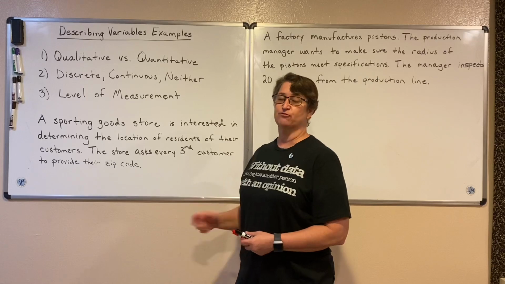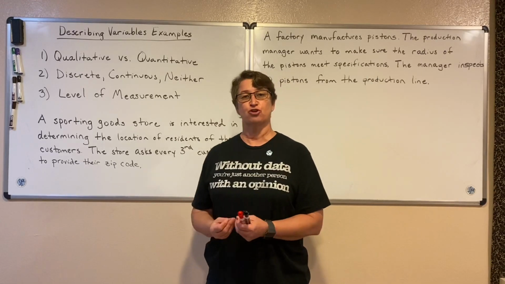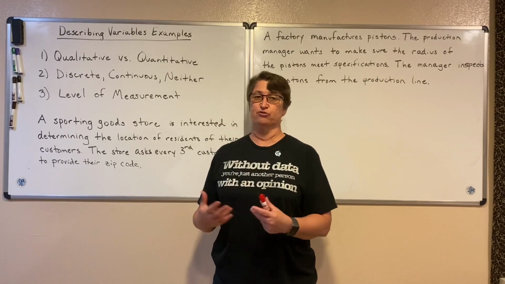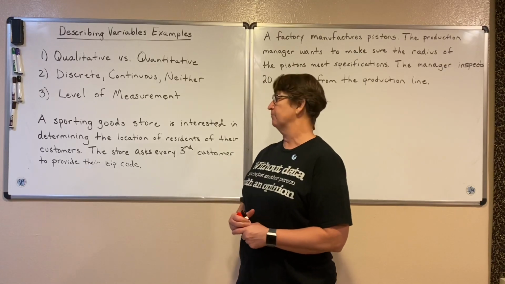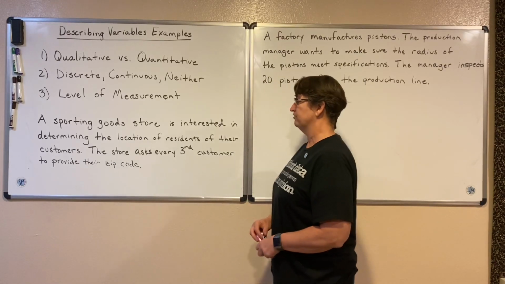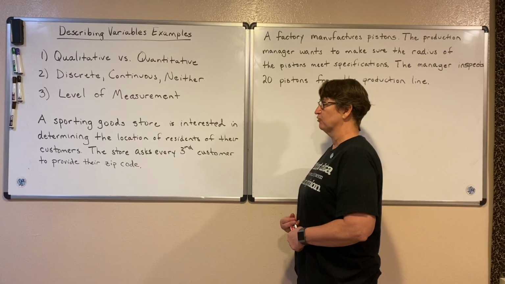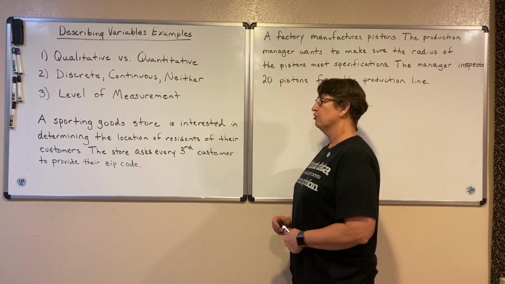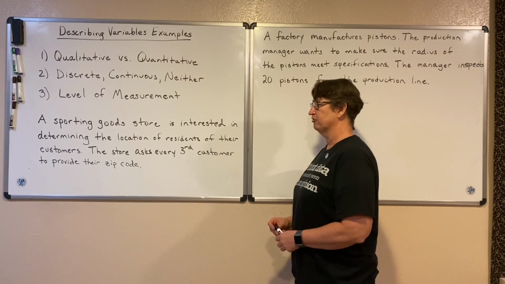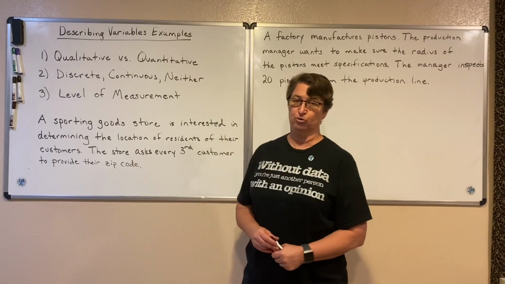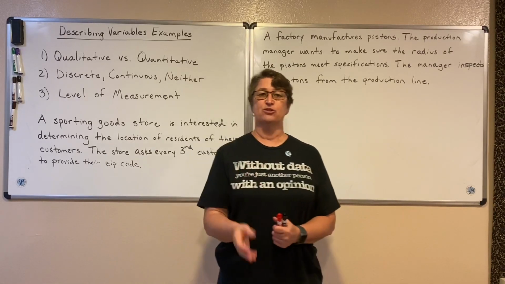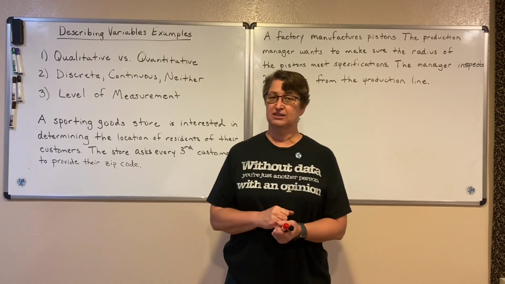So let's read this first scenario and see if we can determine what that variable is, or what the data is that we're collecting. A sporting goods store is interested in determining the location of residence of their customers. The store asks every third customer to provide their zip code. So think about you being the researcher, the one that's collecting the data.